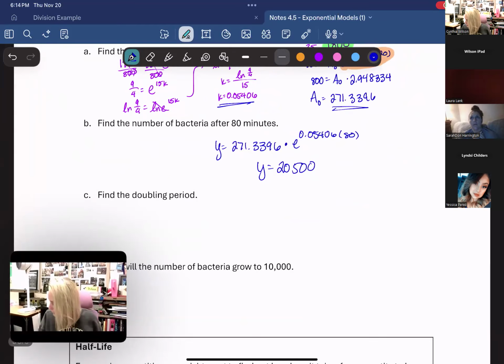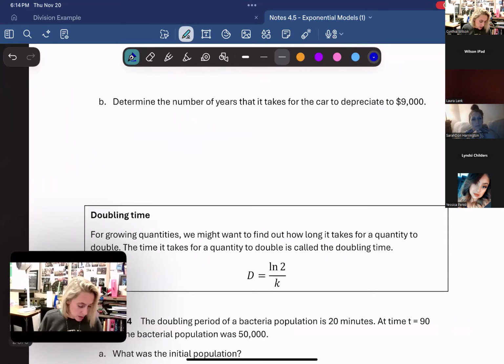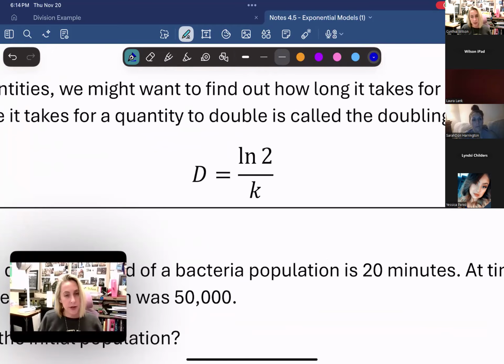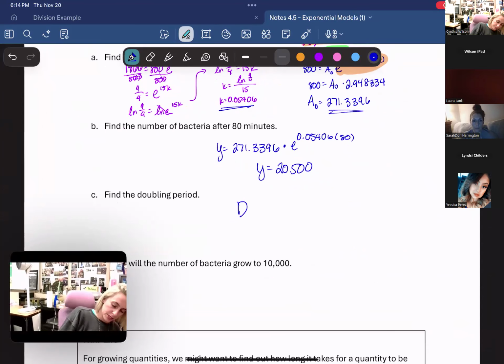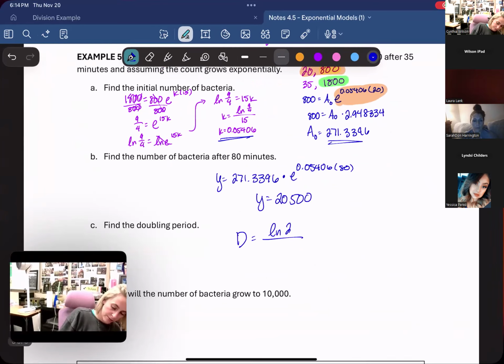Okay, finding the doubling period. This is how you find double time. Double time equals ln of 2 over K. So the double time equals the ln of 2 over that K value.